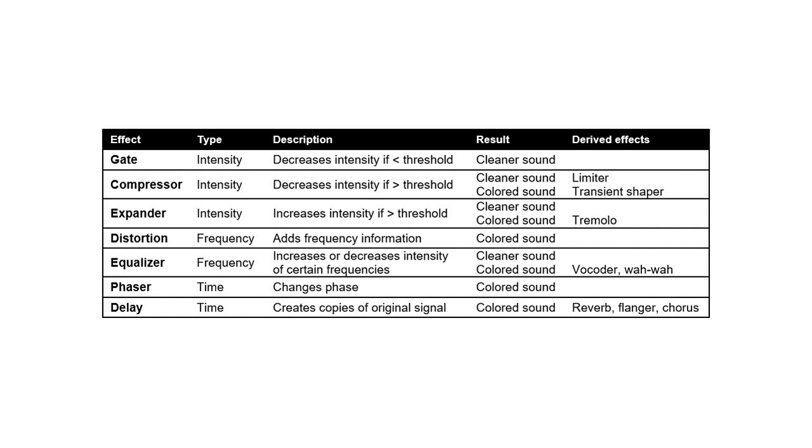A transient shaper only has two parameters, which make it simple to use but very powerful at the same time. The first parameter allows increasing or decreasing the gain on the attack of the transient. The corresponding knob is usually labeled attack. You might think that this is exactly what a compressor with makeup gain does. You would be right, except that there is a difference.